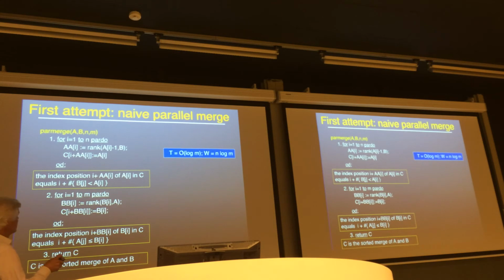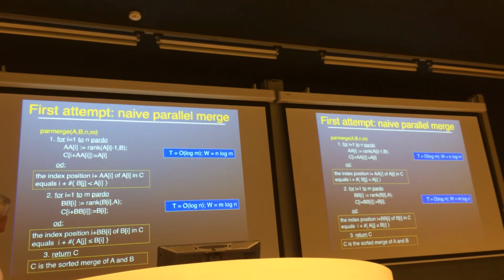So it now will cost you O of log m. Why log m? Well, B contains m entries, and that means that you have to do binary search. That will cost you O of log m. You have to do it n times, so the amount of work now is n times log m.